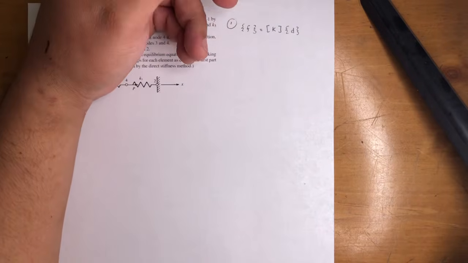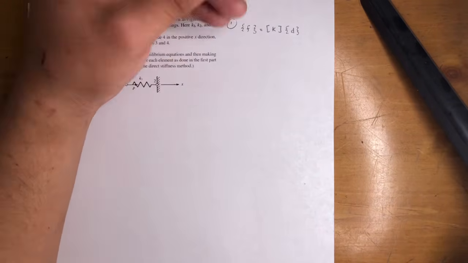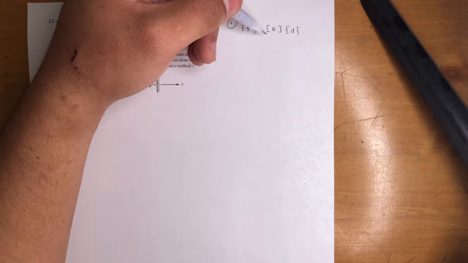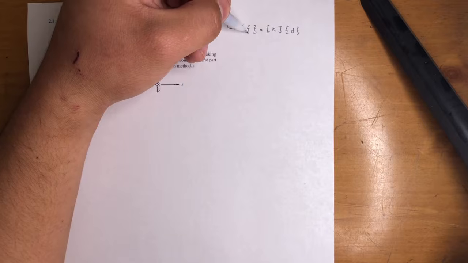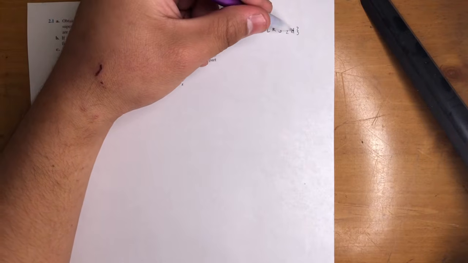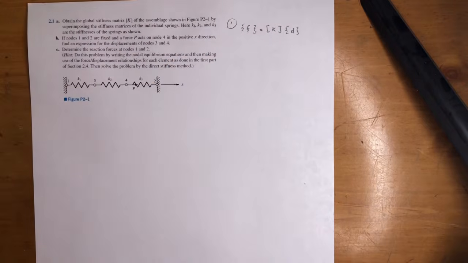So the first step in these problems is usually to find K. Then once you find your K, you can lay out this whole equation. Then you have to find your U's, or your displacements, and then you can find your forces after. That's how I notice they usually go, if I remember correctly.